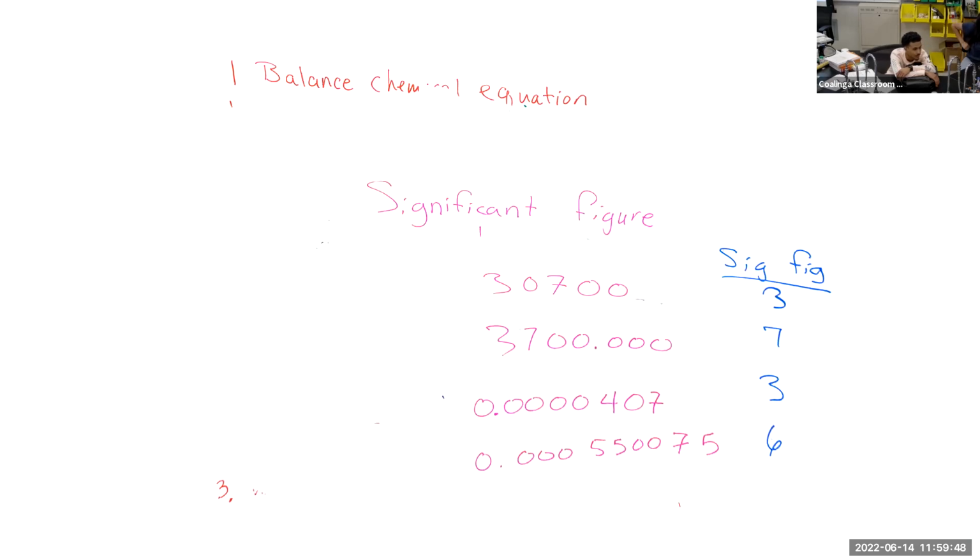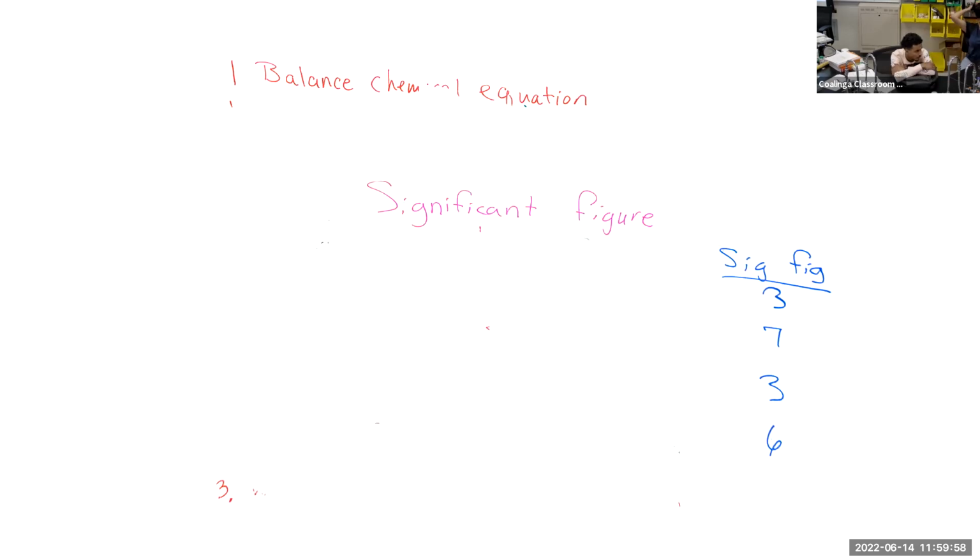Okay, real quick, I know you guys don't want to get out of here. Now, when we're doing addition and taking into consideration sig figs, what you need to do is pay attention to where your sig figs are going to be.